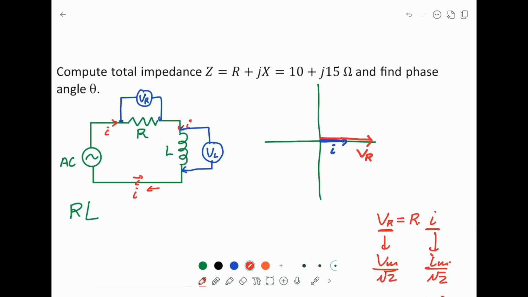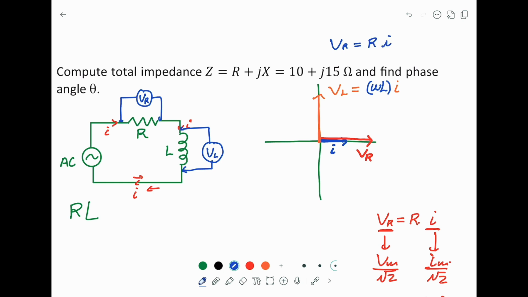What we find is the voltage across L is actually leading by 90 degrees. So this will be VL. The magnitude of VL, the voltage across the inductor, is proportional to the magnitude of I. This proportional constant, if we go into the theory, is equal to omega L. It means this is similar to VR, the voltage across the resistor, equal to RI.